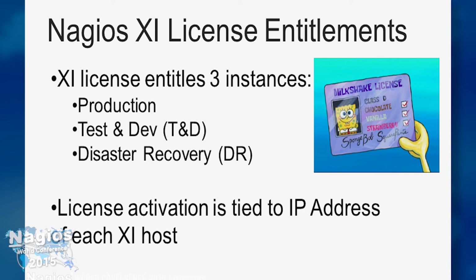And the license itself is activated to the IP addresses or tied to each of those XI hosts. So when you try to activate the 4th time, you'll get, sorry, you can't do that, and you'll need to contact sales. So if you had a test and dev box that died and you needed to run another one up on a different address, let us know, and from there we can deactivate the old one and get the new one working for you.